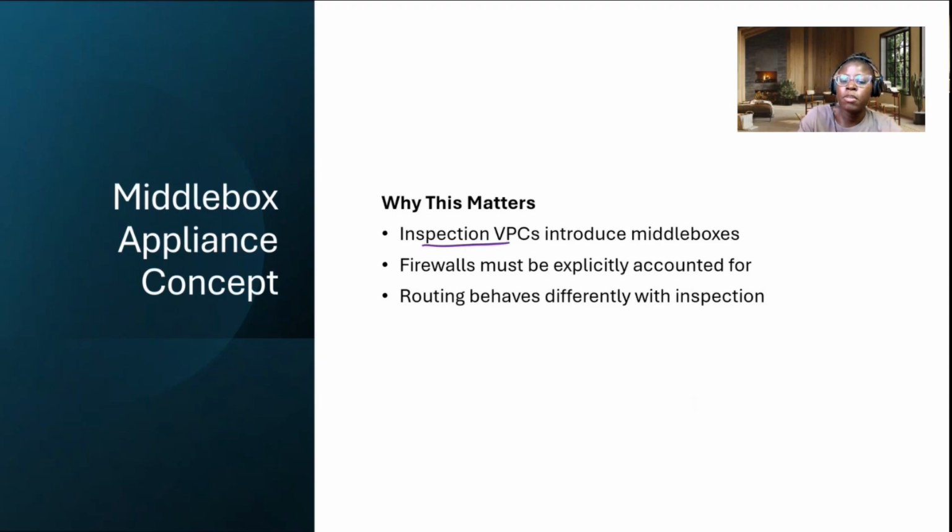So the inspection VPC that we have as part of our architecture is going to introduce what we call a middle box because they have to be accounted for. Because if we are routing through an inspection firewall, our routing behavior is going to be different. That is why I'm checking that specific box, okay? So we have a middle box appliance as part of our architecture.